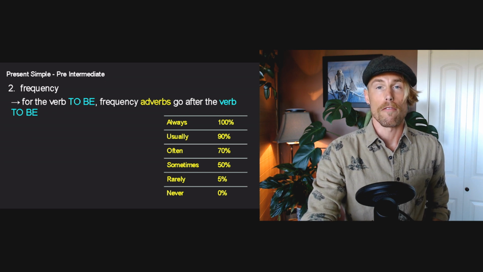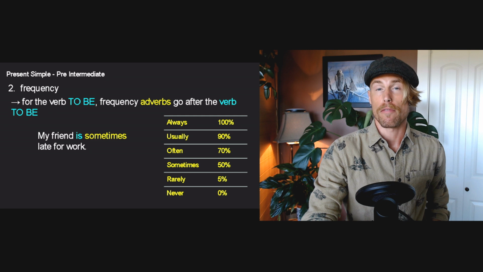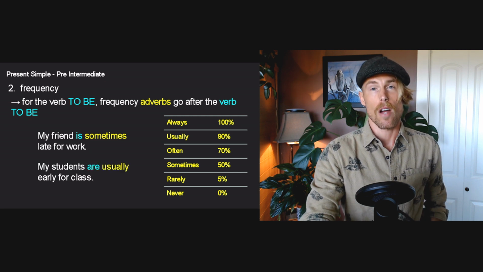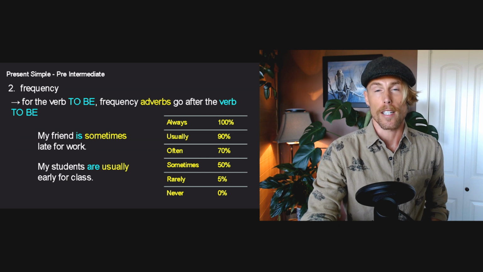But for the verb to be, frequency adverbs go after the verb to be. My friend is sometimes late for work. My students are usually early for class. Good students.